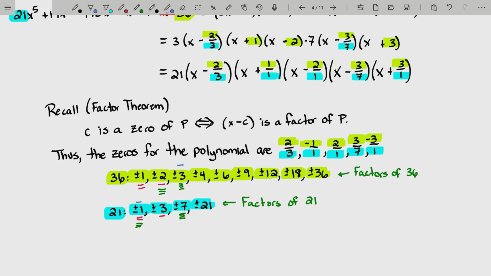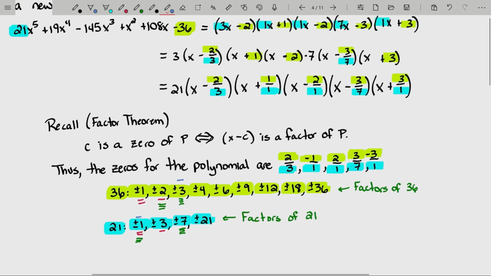But the reality is that those numerators are found from the factors of 36 and those denominators are found from the factors of 21. So it looks to be the case that the zeros for this polynomial are just ratios of factors of 36 and 21. And they are. So let me scroll up.